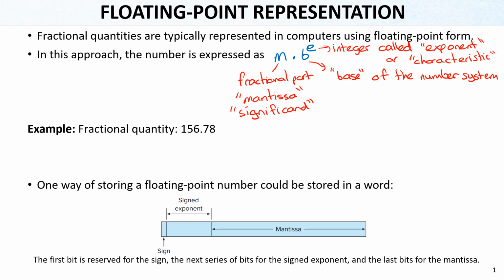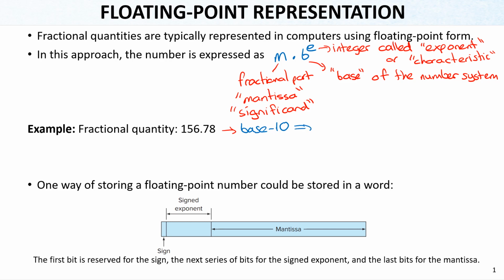So let's look at this example, fractional quantity 156.78. We know that this is base 10 first of all. Let's write it in blue. This is base 10, just our current number representation system.